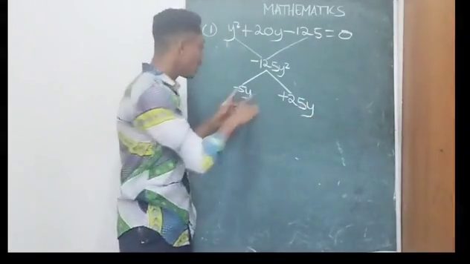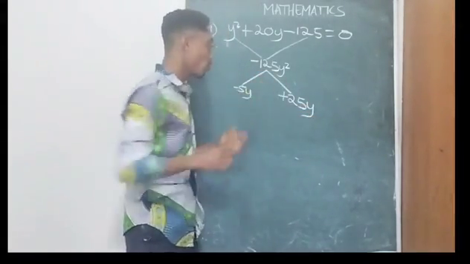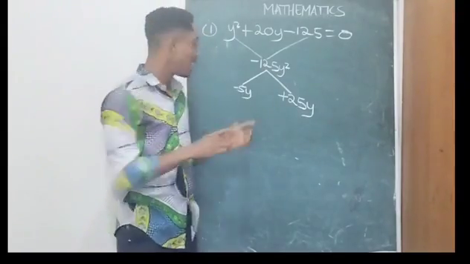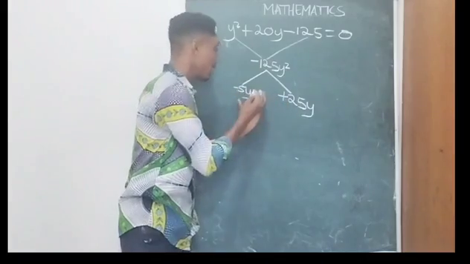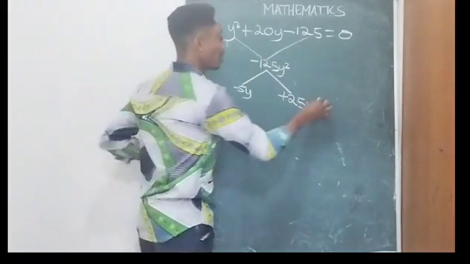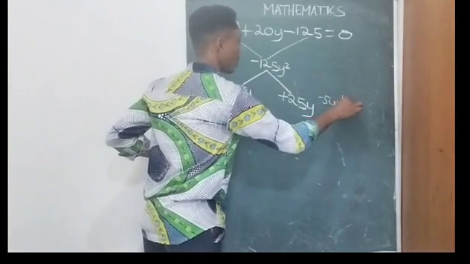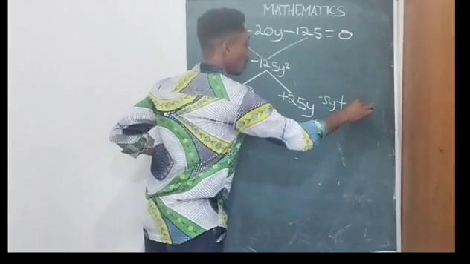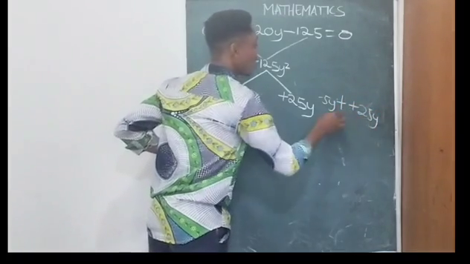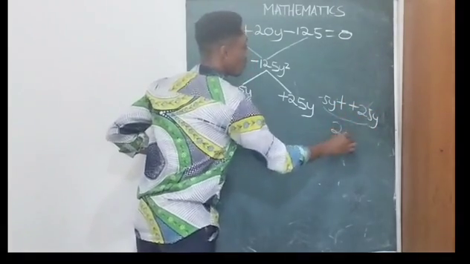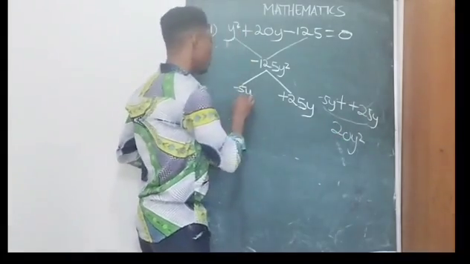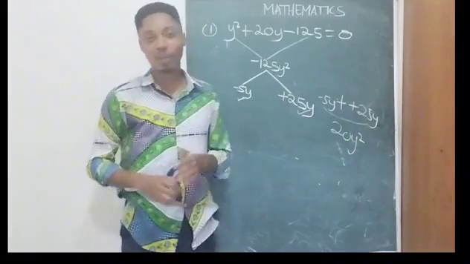Check it out. If you multiply these, it's going to give you minus 125y squared. And if you add, it will give you the middle term: minus 5y plus 25y gives 20y.